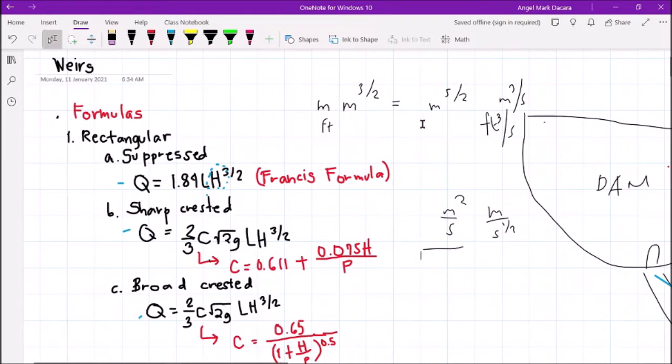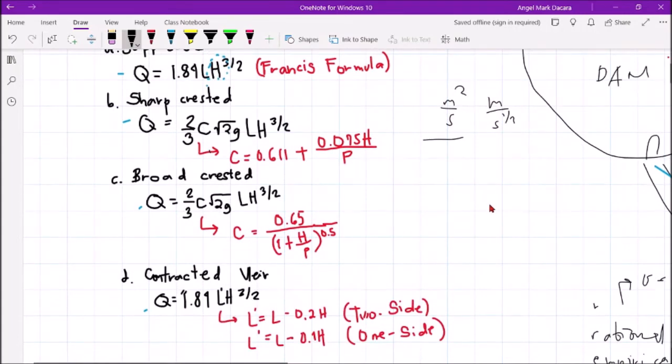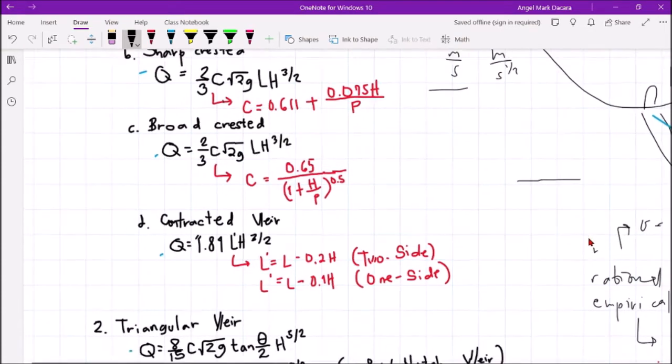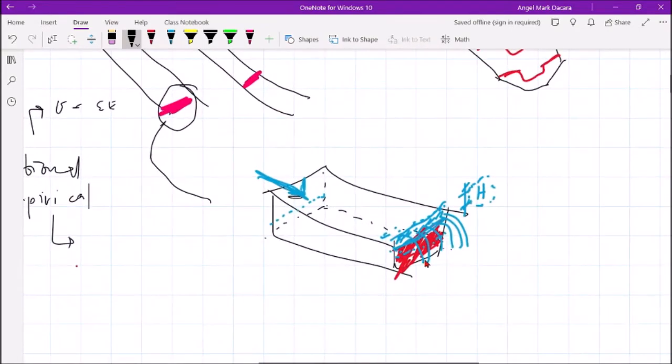Okay, so we have this rectangular weir. When you say L, ano yung length ng weir? Actually, that's the length kung saan nag-overflow yung water. Kung halimbawa dito, okay, ito yung length ng weir.